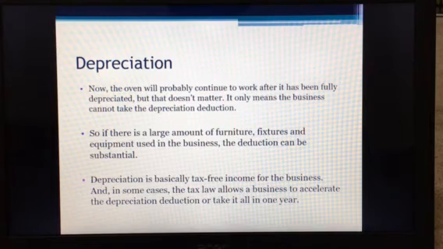Depreciation is basically tax-free income for the business, and in some cases, the tax law allows a business to accelerate the depreciation deduction or take it all in 1 year.